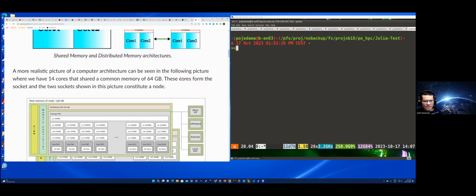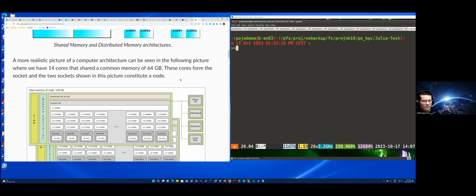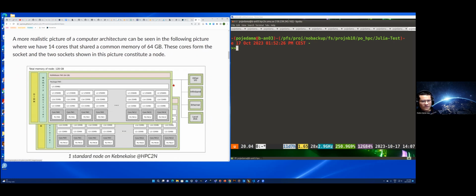So in the case of Kebnekaise, one of the standard nodes has the following architecture. Here you can see that there are 14 cores, and they are sharing some memory, which in this case is 64 gigabytes.